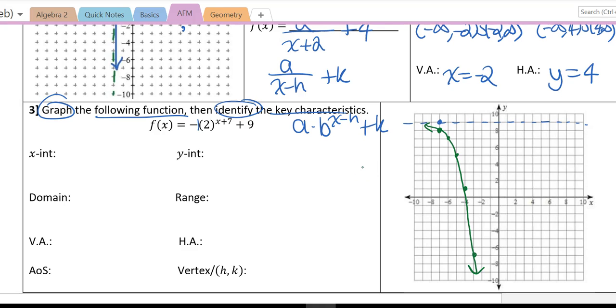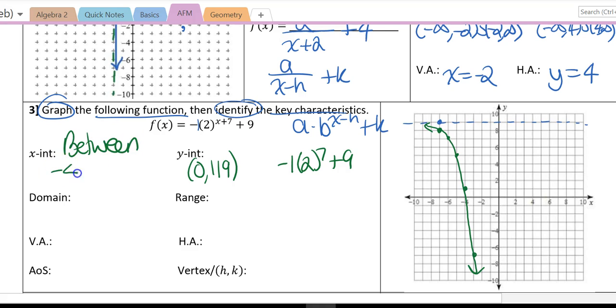And the key information we need. Y-intercept is going to be all the way further down, so it's going to be -1 times 2 to the power of 7 plus 9. 2 to the power of 7 times -1 plus 9 is actually 0 and -119. X-intercept, this is the only one that we can say that it's between two values.